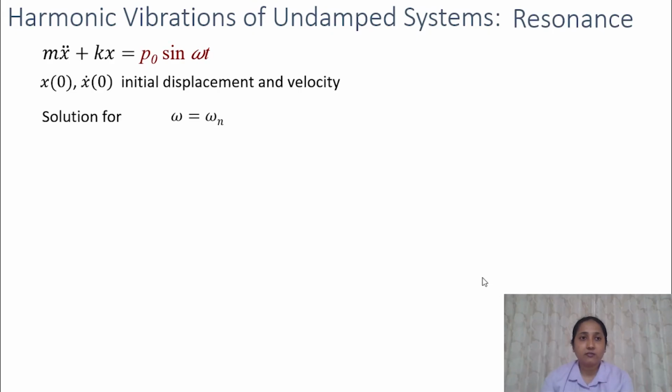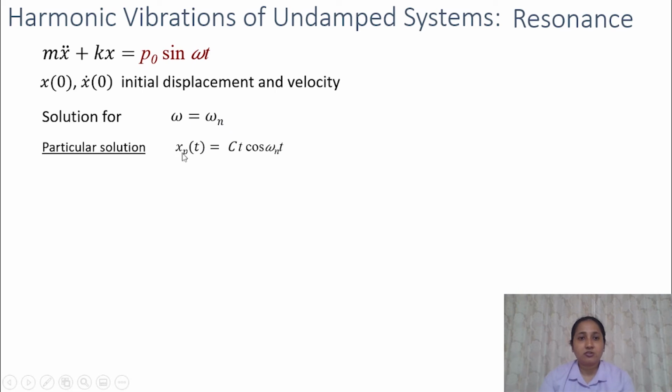Now, let's discuss the concept of resonance. When we were solving for the differential equation, I mentioned that the particular solution we have chosen was not valid for omega equal to omega n. So now we will find a particular solution which is valid when omega is equal to omega n.